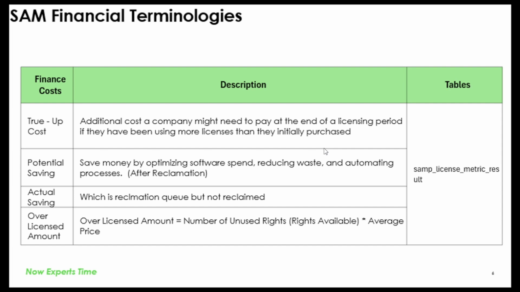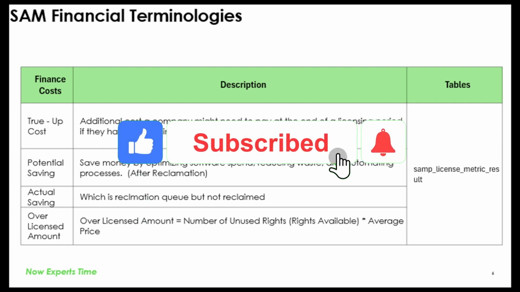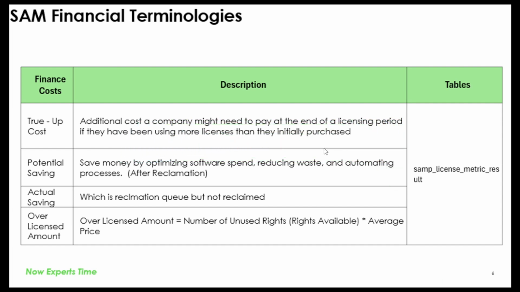First, where can we see this information in ServiceNow? By default it is available in your software asset workspace when you enable the SAM plugin in your business instance. But how it is calculated and the definition of each cost and saving is very important for our understanding, so that we can help the business in a clear and effective manner.